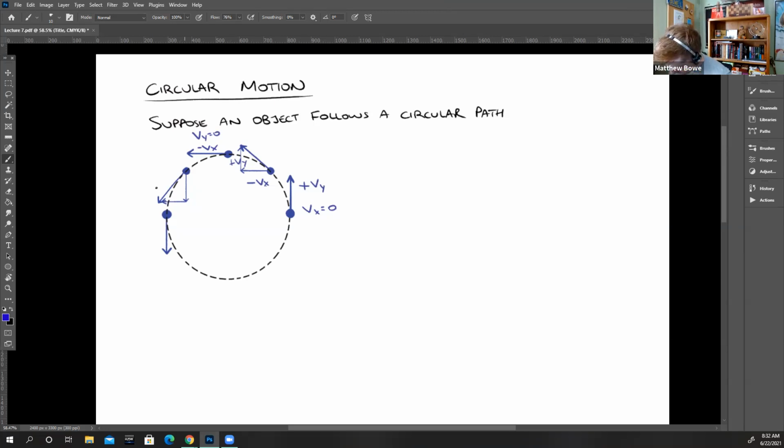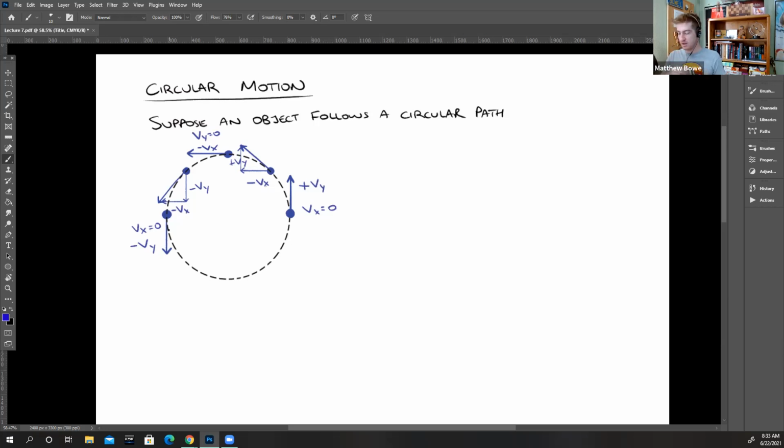After another split second, now there's a negative horizontal and a negative vertical velocity. And finally, on the other side of this circular path, there is no more horizontal velocity, and there is a negative vertical velocity.